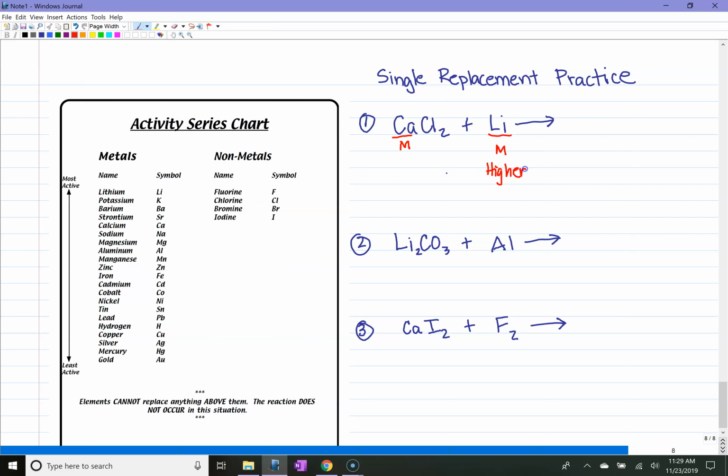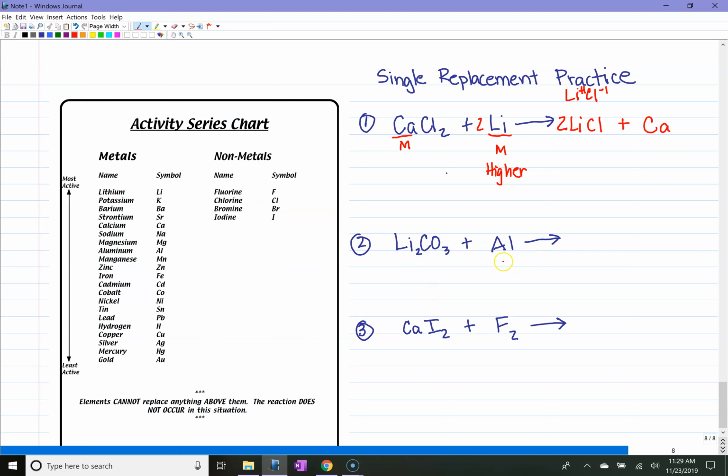And so I'm going to have a reaction that occurs, and my products are going to be lithium chloride with a +1 and a -1. So it would be LiCl plus calcium. And now I have to balance. I'm going to put a 2 in front of lithium chloride and a 2 in front of lithium.